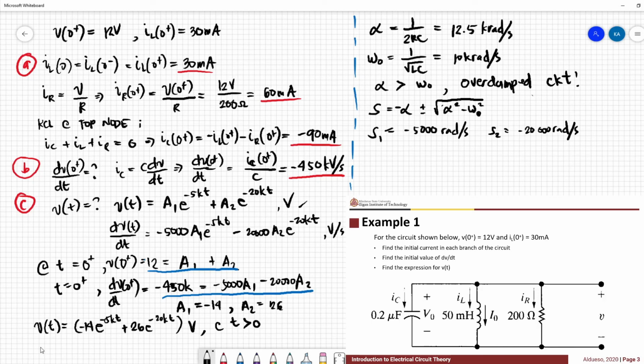Or we can write this in unit step: V of t equal to negative 14 e to the negative 5k t plus 26 e to the negative 20k t u of t volts.